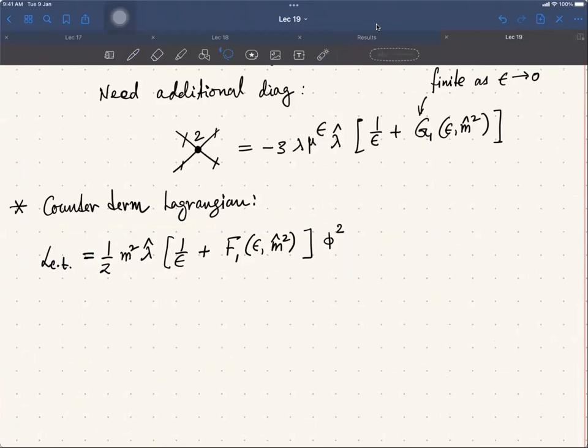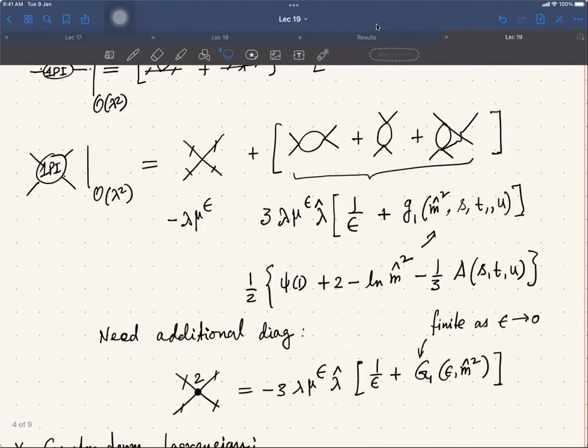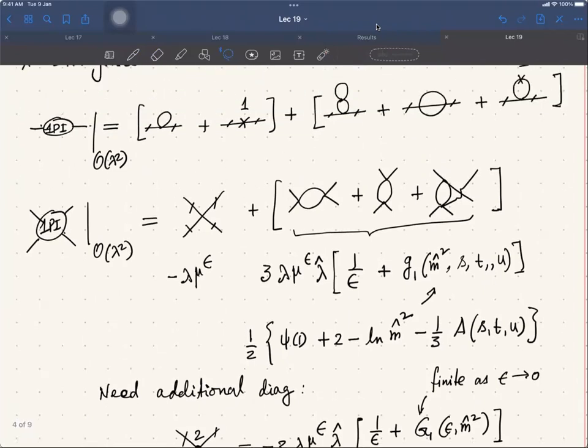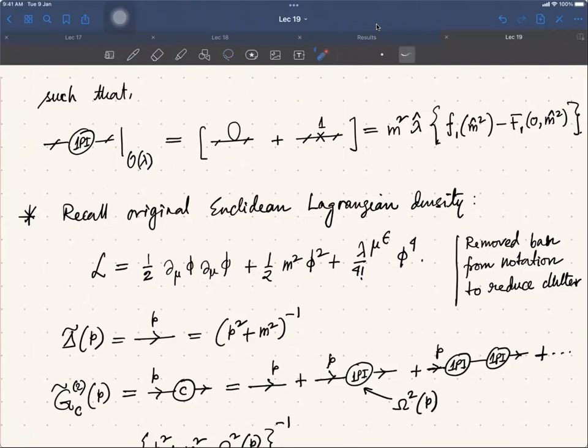But now, in the original Lagrangian, we had this phi-4 interaction, with strength lambda mu to the power epsilon over factorial 4.